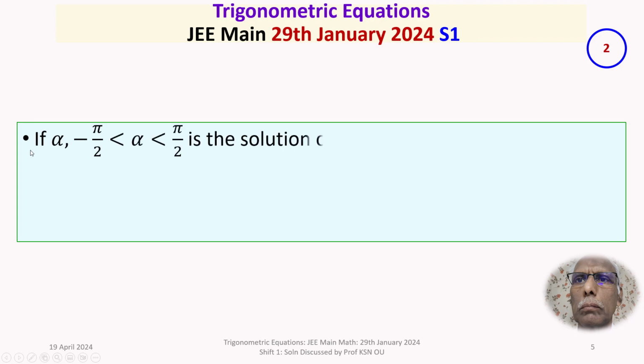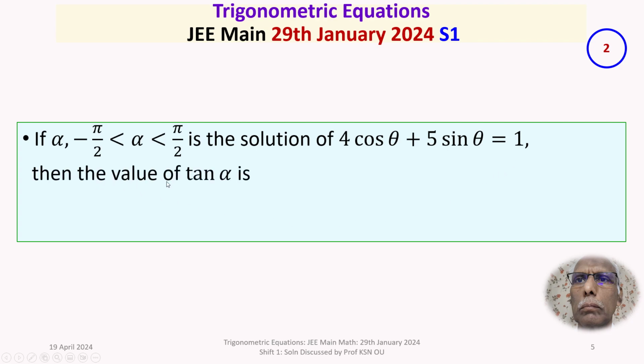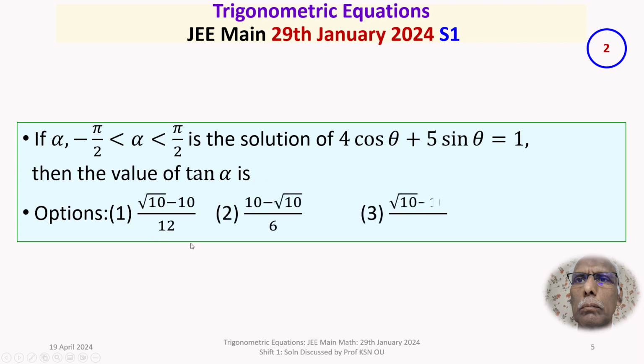If alpha, given as minus pi by 2 less than alpha less than pi by 2, is the solution of 4 cos theta plus 5 sin theta is equal to 1, then the value of tan alpha is, and we are given 4 options.